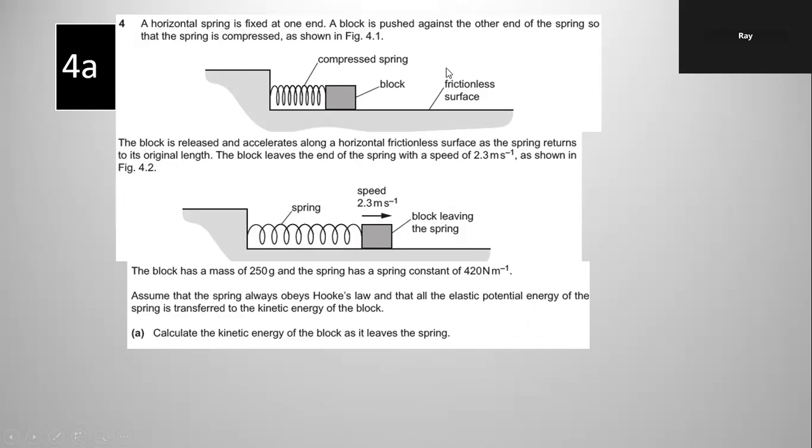The block leaves the end of the spring with a speed of 2.3 meters per second. The block has a mass of 250 grams and the spring constant is 420 newton per meter, assuming the spring always obeys Hooke's law and that all the elastic potential energy of the spring is transferred to the kinetic energy of the block.